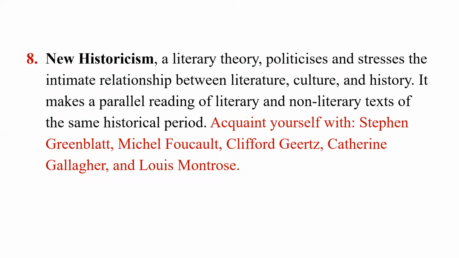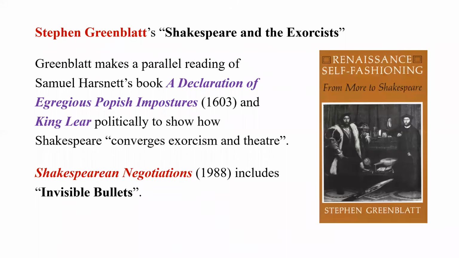Maybe I will give an example immediately. Look at this example. We have Stephen Greenblatt, and this is his famous essay, Shakespeare and the Exorcists. And this is a history book. He does a parallel reading of Samuel Harsnett's book, a non-literary text.